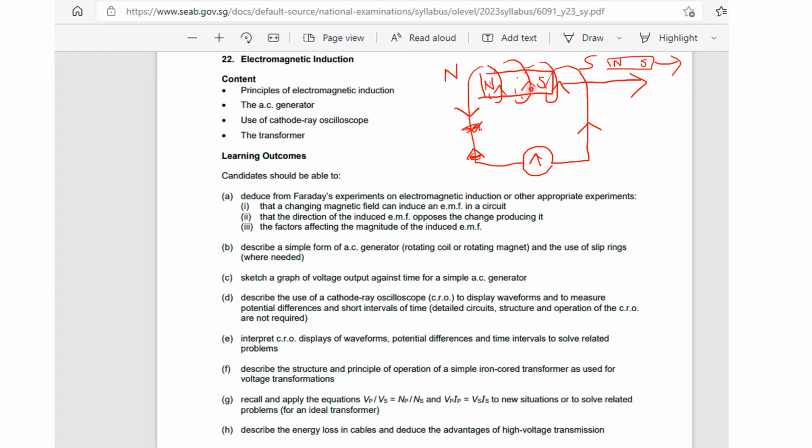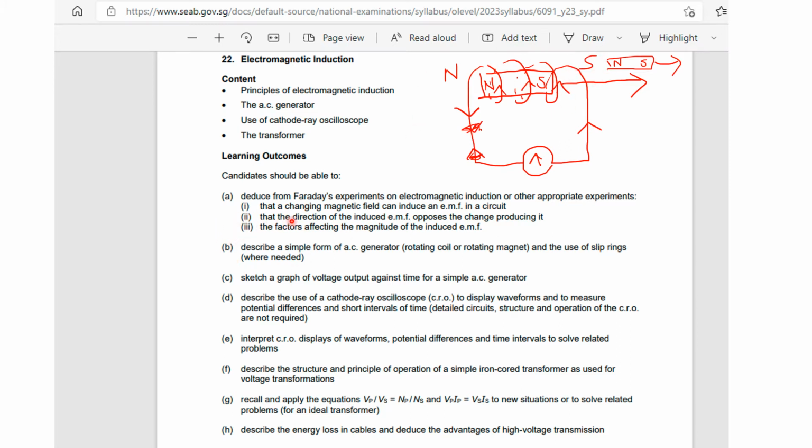If the magnet is trying to go out from the coil, it will try to attract it. If the magnet is trying to go into the coil, it will repel it. Okay, and you determine the direction. Firstly, you need to determine where's the north and south pole to oppose the motion of the magnet. Next, you make use of the right hand grip rule to determine how the current flows.